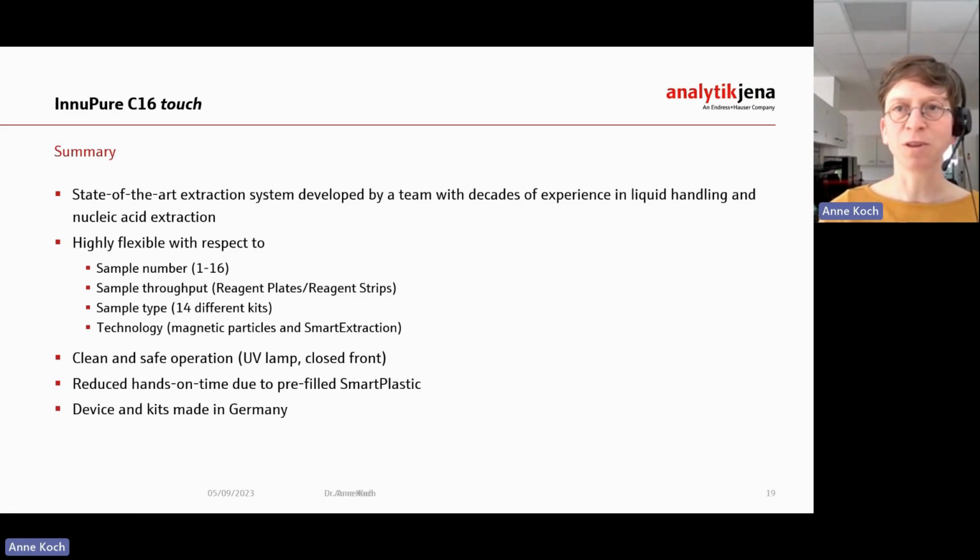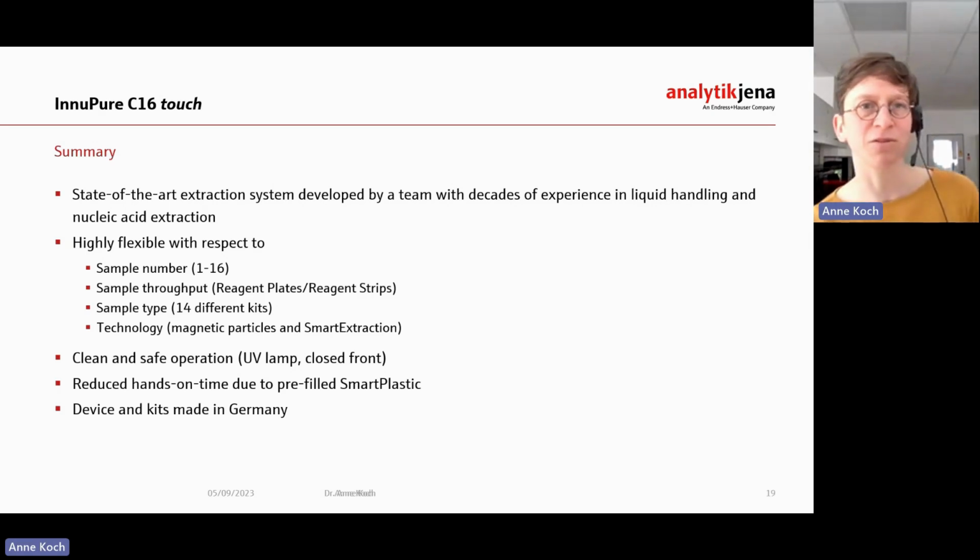And we hope that our devices can meet your expectations, and we're always striving to get better there as well. And again, of course, we want to make it convenient. So reducing hands-on time, of course, is the main objective when automating a procedure. And so the InnoPure is taking a lot of time off of your hands here.